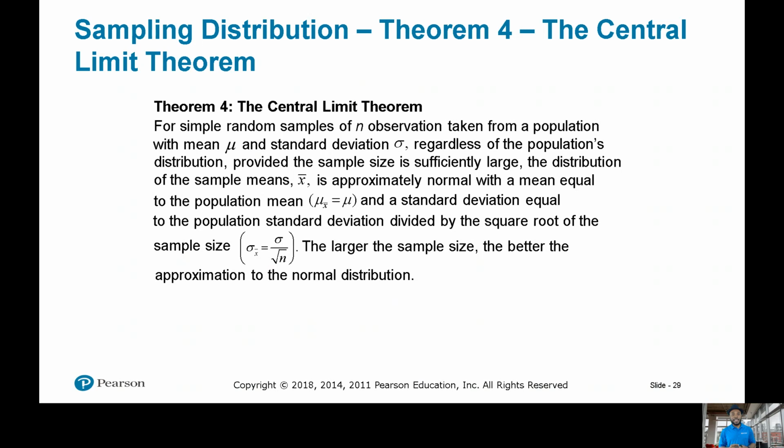This theorem states that, based on all we've done, for simple random samples of n observations taken from a population with mean mu and standard deviation sigma, regardless of the population's distribution, provided the sample size is sufficiently large, the distribution of the sample means is approximately normal with a mean equal to the population mean and a standard deviation, or standard error, equal to the population standard deviation divided by the square root of the sample size.